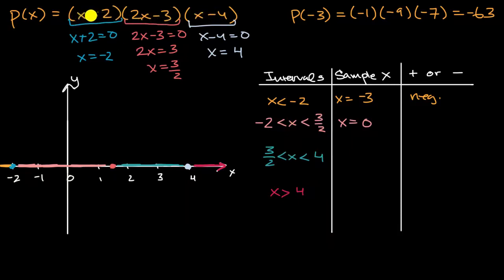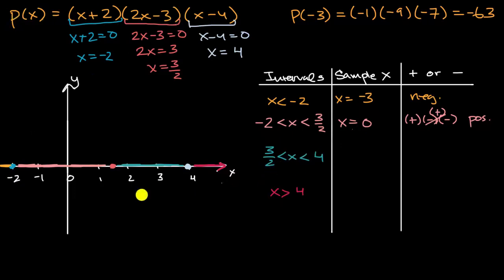I said, okay, that's going to be a positive 2 times a negative 3 times a negative 4. So a positive times a negative times a negative. Well, a negative times a negative is a positive, and a positive times a positive is a positive. So we are positive over that interval. And if you were to evaluate p of 0, you will get a positive value.